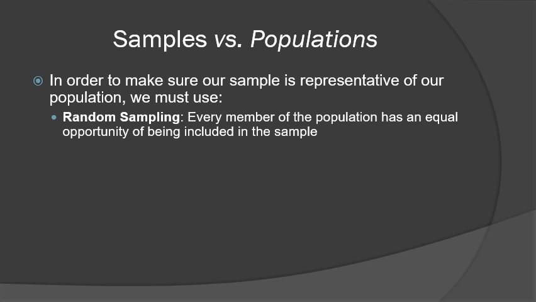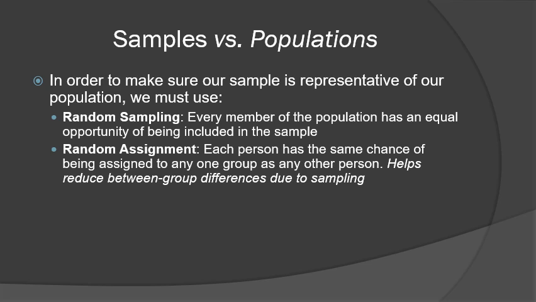Then let's say we've got multiple levels of our independent variable. We need to do random assignment such that each individual in the study has an equal chance of being in each level of our independent variable. That reduces between group differences due to sampling. So let's say we took the first 10 people and put them in group 1 and the next 10 people and put them in group 2.